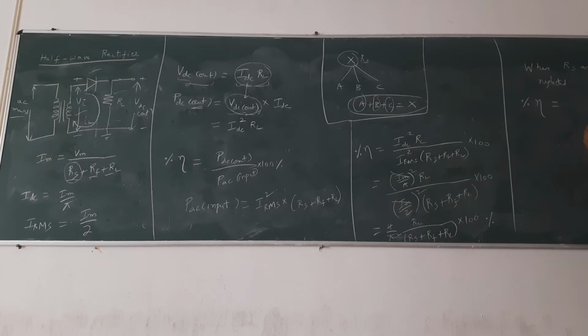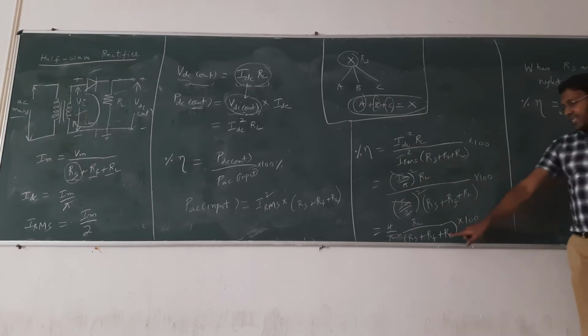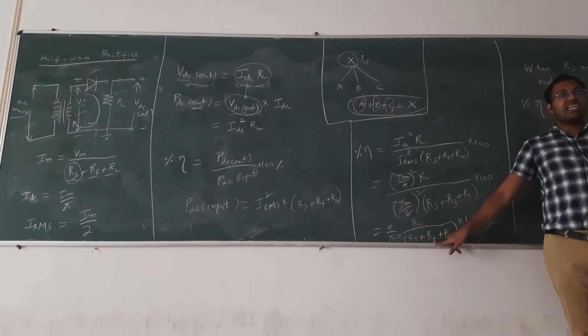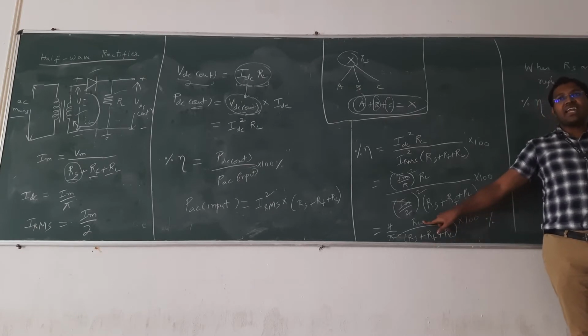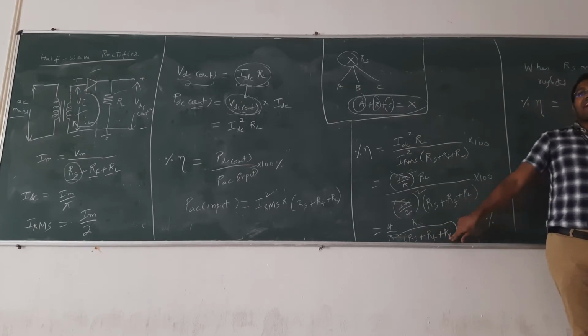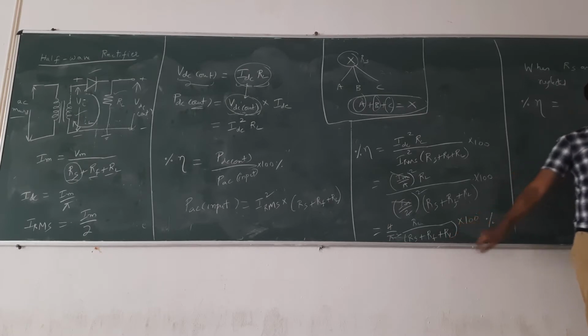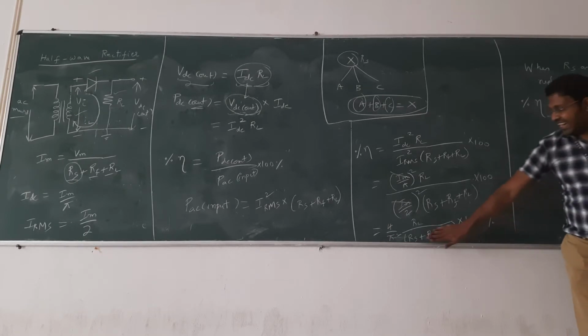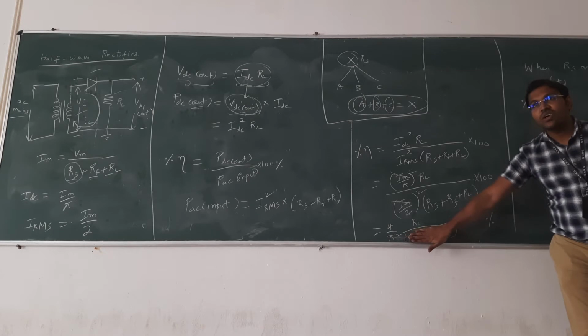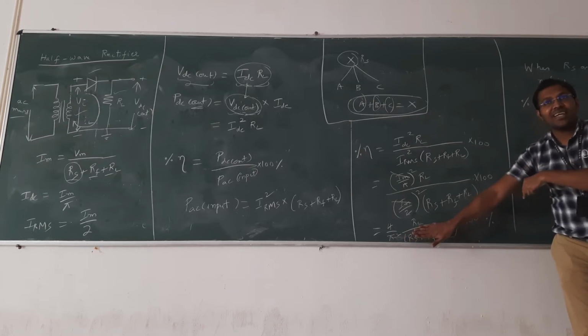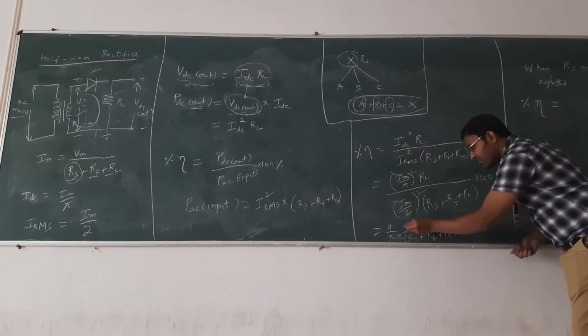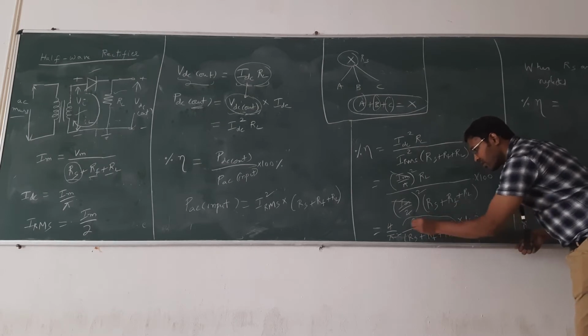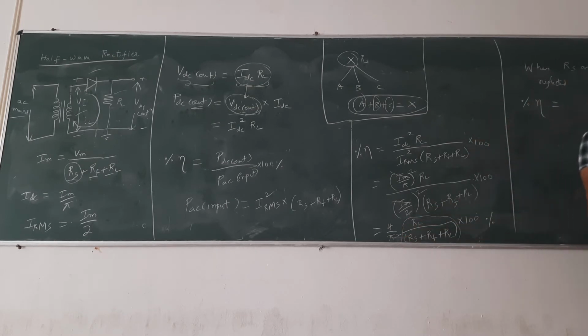See, RS, RF we are neglecting. Here we have RL, and in the denominator also we have RL. When we neglect these two, only RL will remain in this term. So the RL we can cancel.